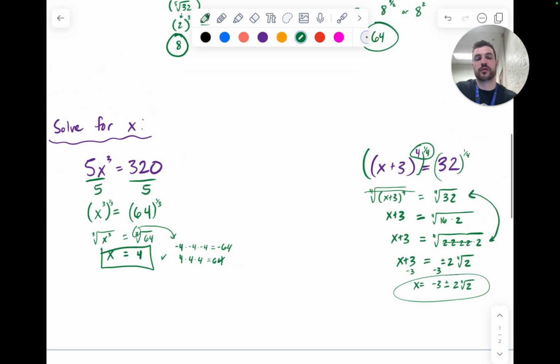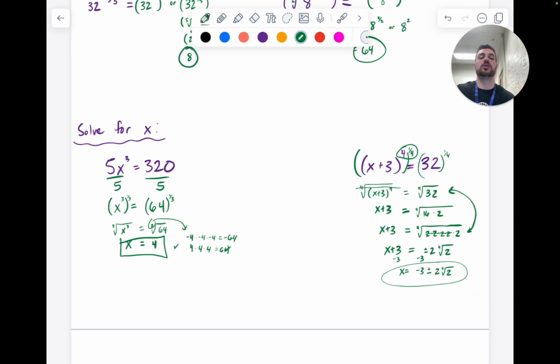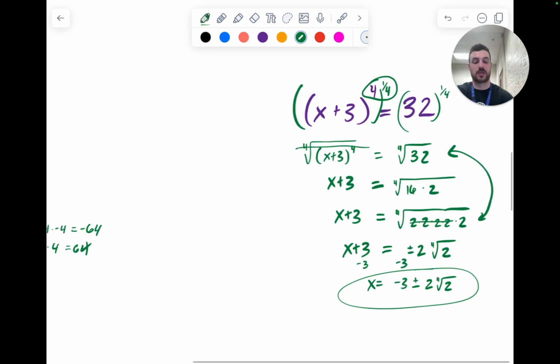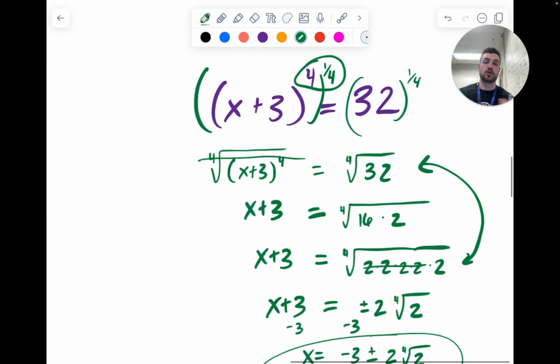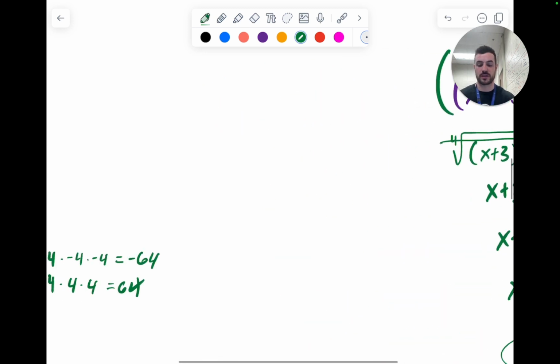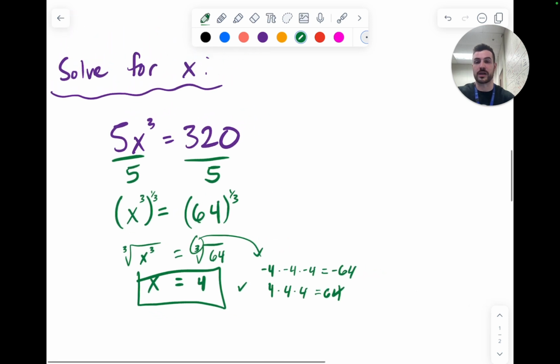All right, so for the most part here, what we are going to have to do is use the idea that we can transition between radical form and rational exponent form to use those rational exponent properties and simplify. This is a perfect example of what we were doing right here.